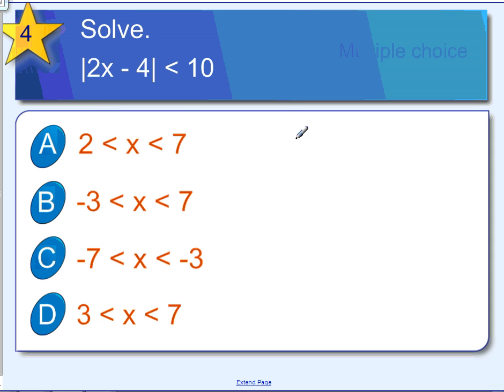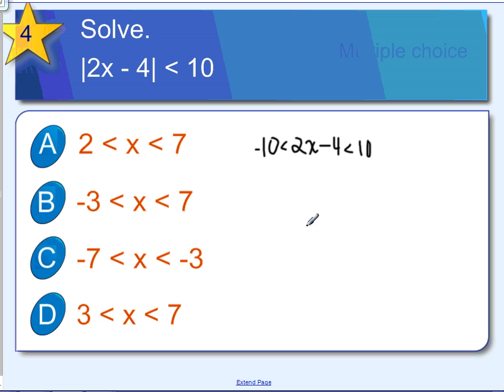So I'm going to have 2x minus 4. And I'm going to have my two signs here. My positive number goes on this side, and my negative version of that is going to go on this side. From here, you will solve the compound inequality like you would normally solve it.